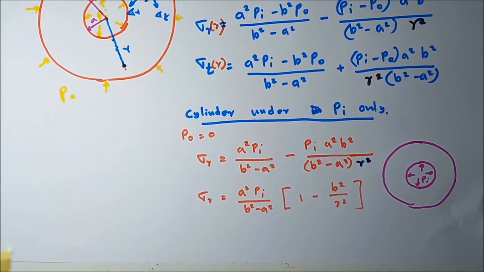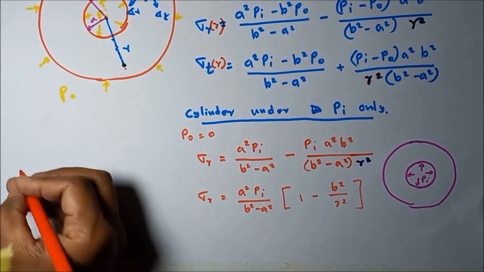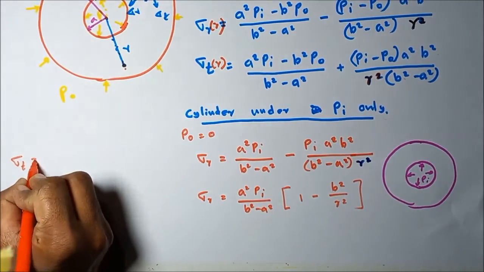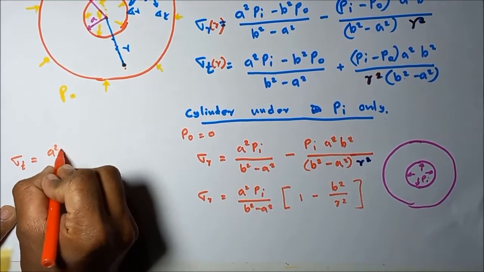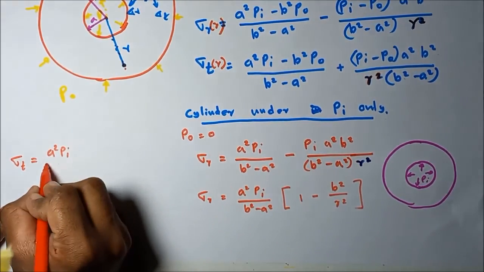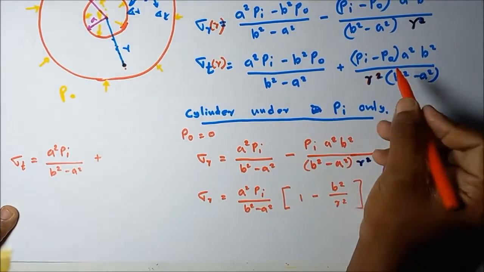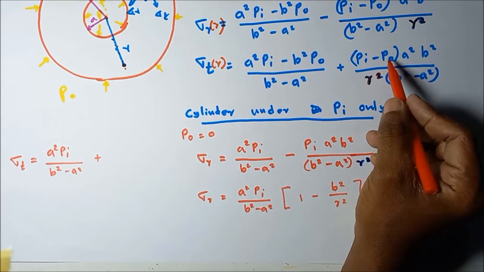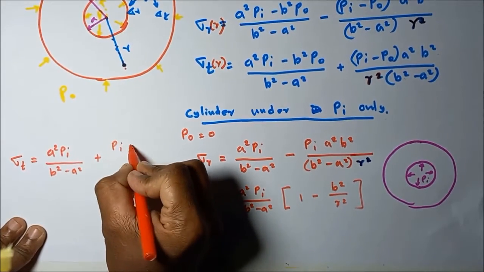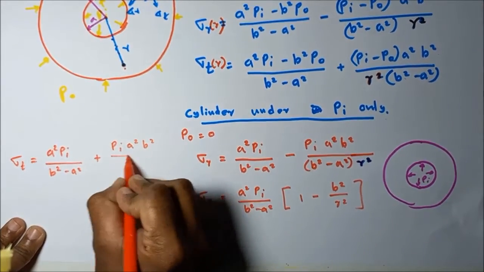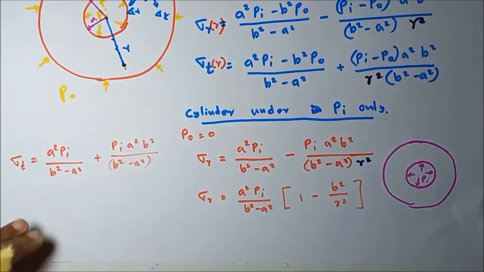Then again I am going to reduce the sigma t equation. We can write the sigma t equation in this format by putting P out equal to 0: sigma t is equal to a square Pi divided by b square minus a square, plus Pi a square b square divided by b square minus a square into r square.